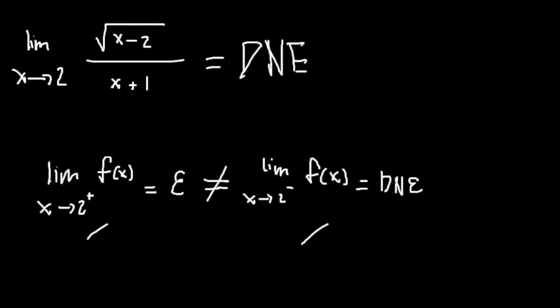So we can now say that the limit of this function will not exist. Remember, if the left hand limit and the right hand limit are not equal to each other, then the limit doesn't exist.